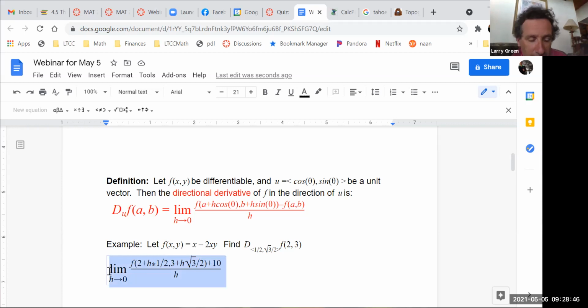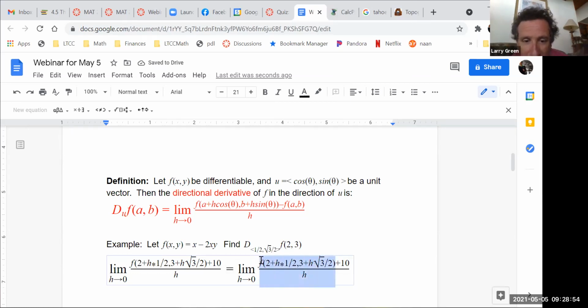All right, what I like to do is copy and paste, and let's grab what this f is. So we have f of (2 plus h/2, 3 plus h root 3 over 2). Well, f now is x minus 2xy. So x is 2 plus h/2.